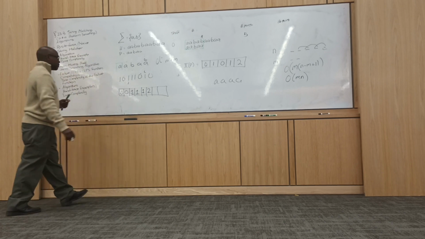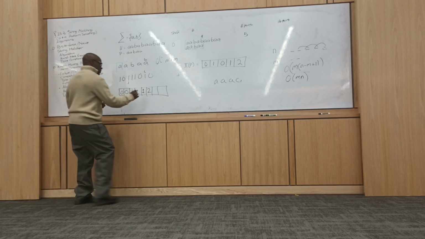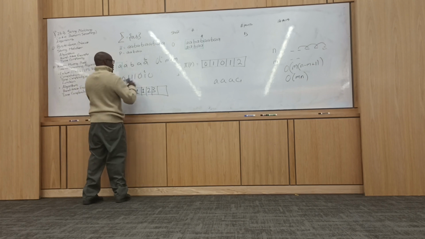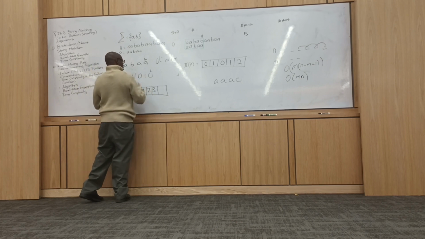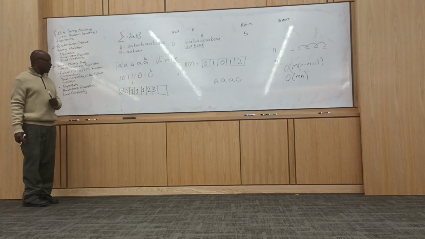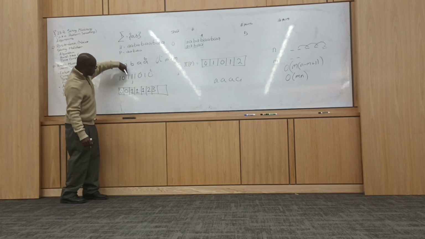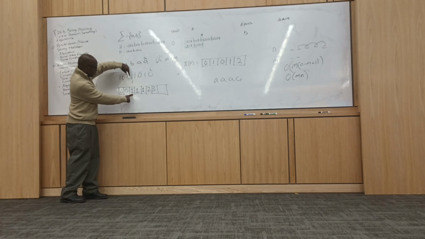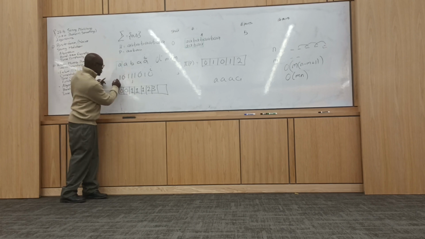Do I have a match? Yes. So we make this 3, advance J, advance I. But this is a mismatch, right? So what do I do? I go to the position that was 3, this was at index 4.